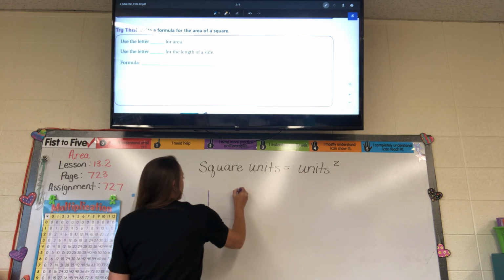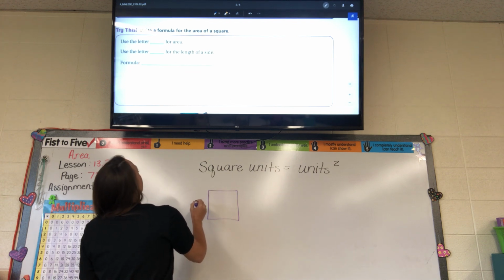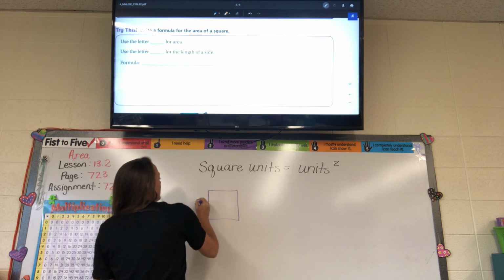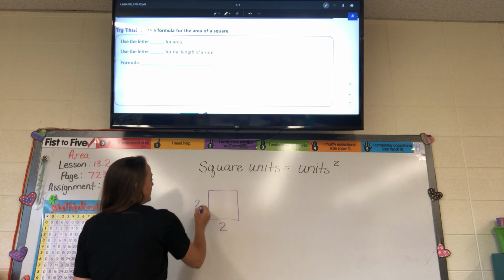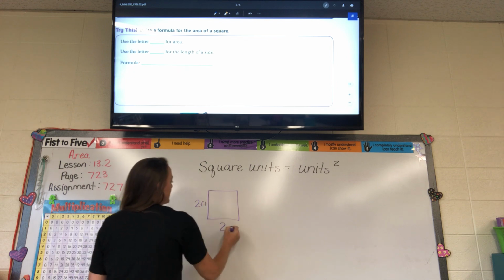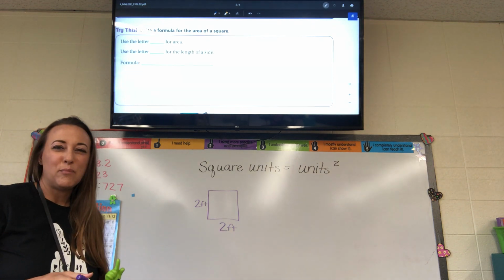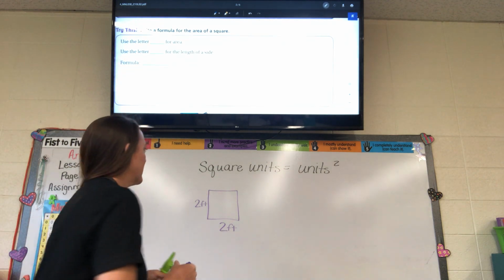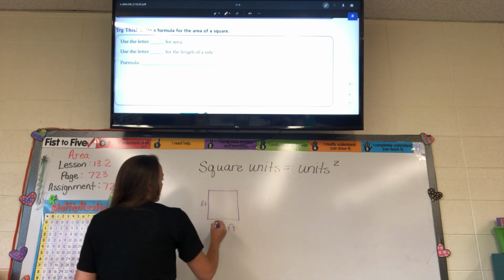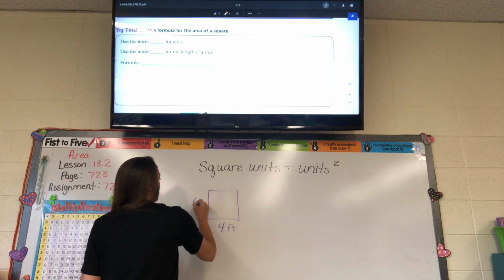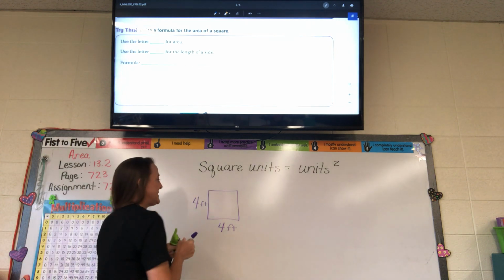If we have a square, this would be the base and the height, so let's just say 2 feet and 2 feet. So we know that we're going to multiply, let's actually use a different number. So let's use 4 and 4. Okay, so the area of this square we know would be 16.